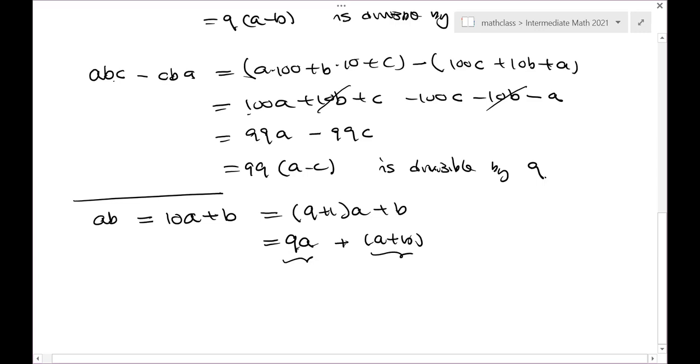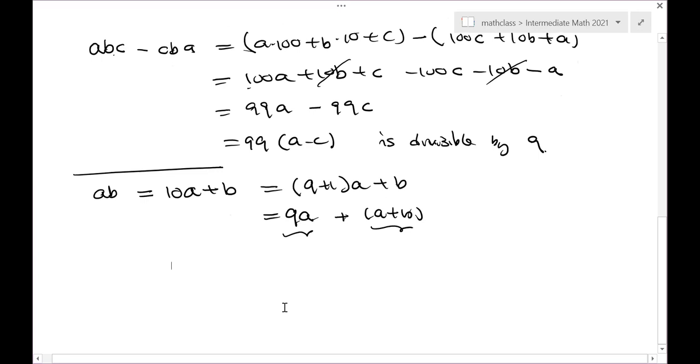And the 9 is also divisible by 3. So you can have a statement, okay? This in general is always true, even for three-digit numbers, four-digit numbers. So we have the following fact, okay?